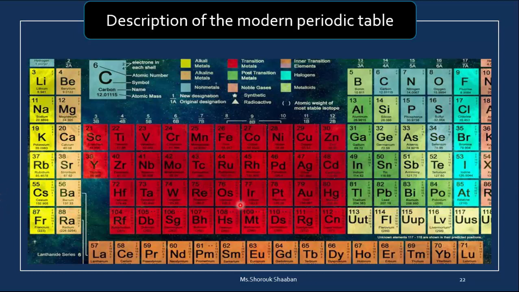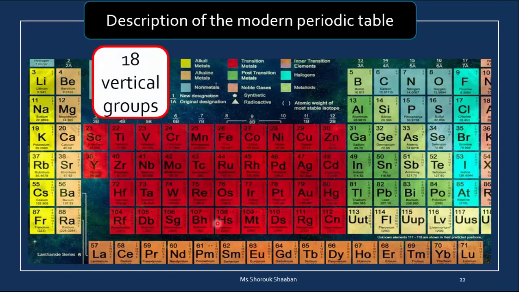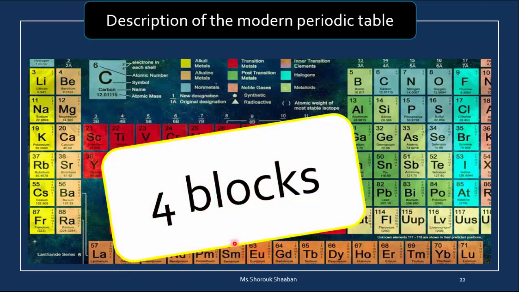If you try to count them, you will find that we have 18 vertical groups and 7 horizontal periods. And for the whole periodic table we have 4 blocks, like we have 4 homes, and we put the elements in these homes.